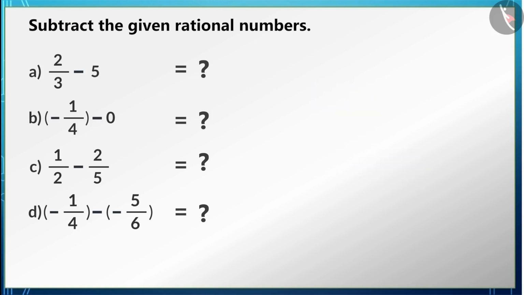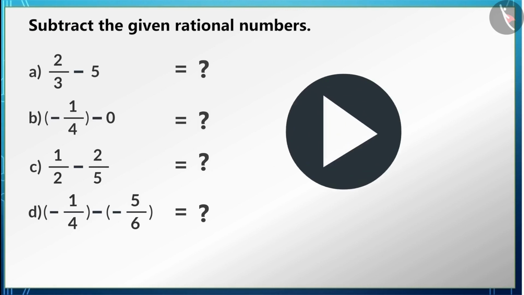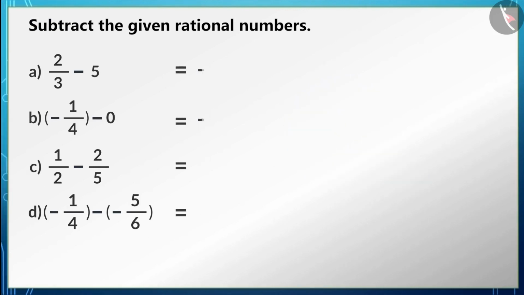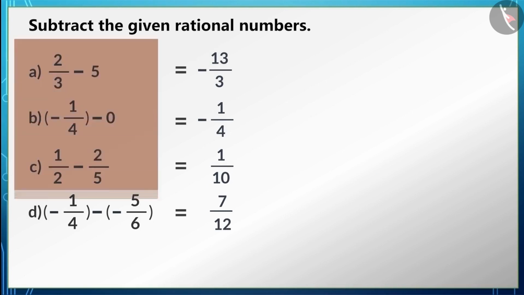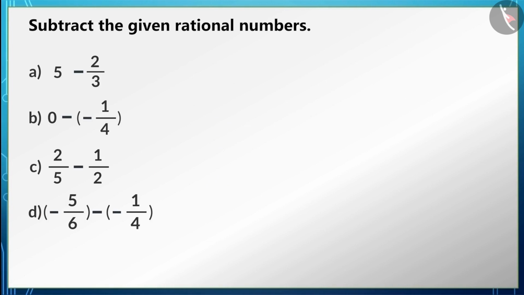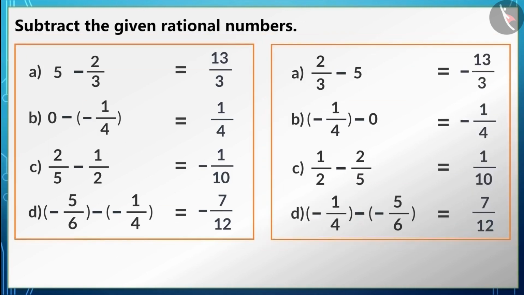Please pause the video and solve these questions and write your answers. Now change the order of numbers in each question and solve them again. In each of the given questions, our answer changes whenever we change the order of numbers.